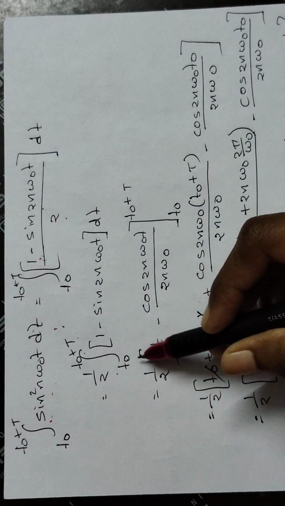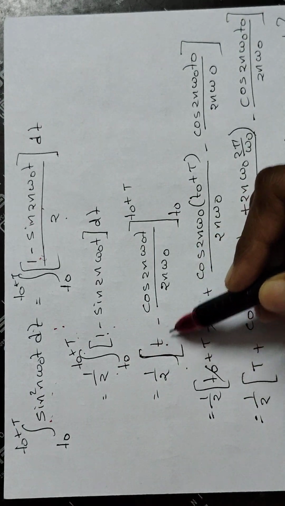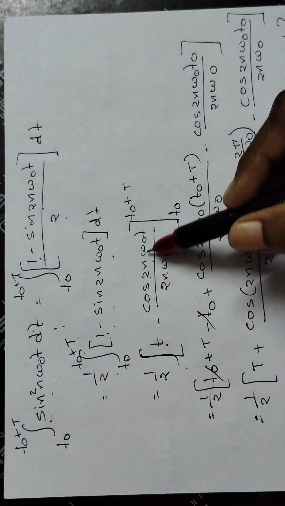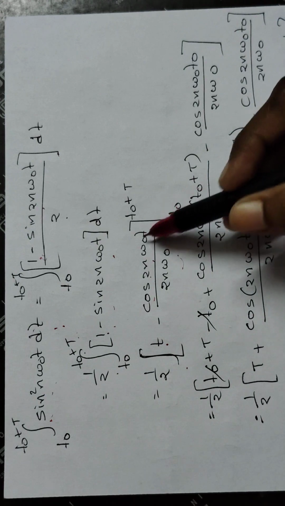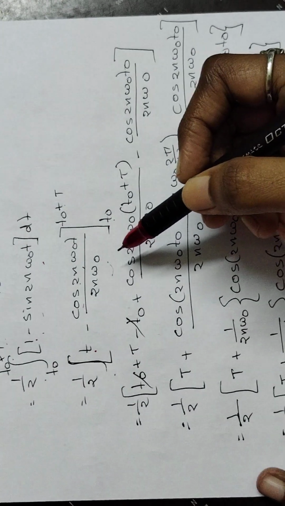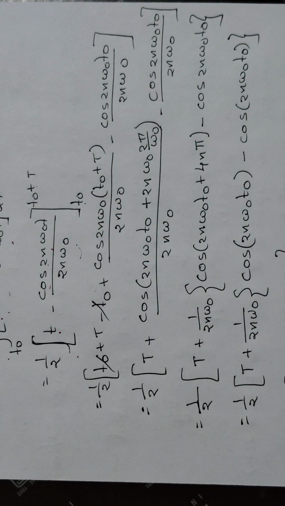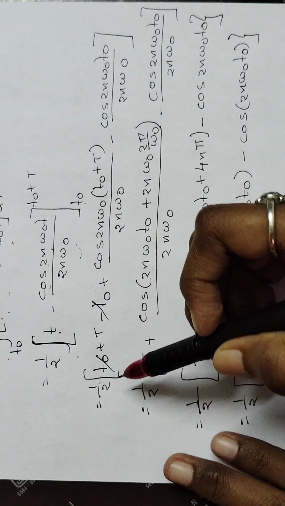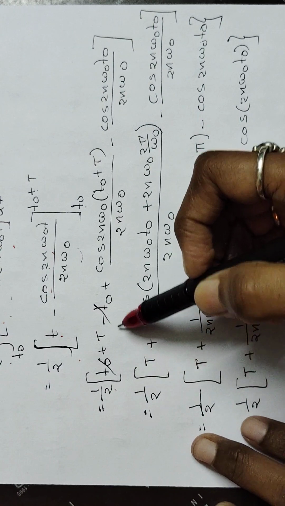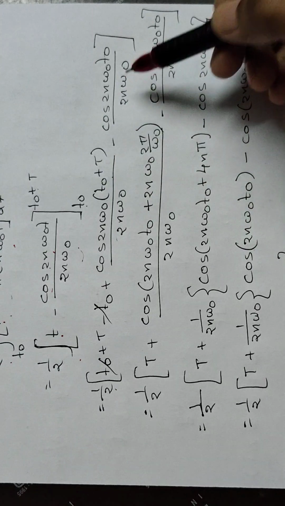Now integrate this: 1 integrates to t, and the integration of the cosine term is sine 2n omega naught t divided by 2n omega naught, with limits t naught to t naught plus t. Again the same procedure which we followed in finding the cos n omega naught t term: 1 by 2 t, substitute the upper limit minus lower limit here also.